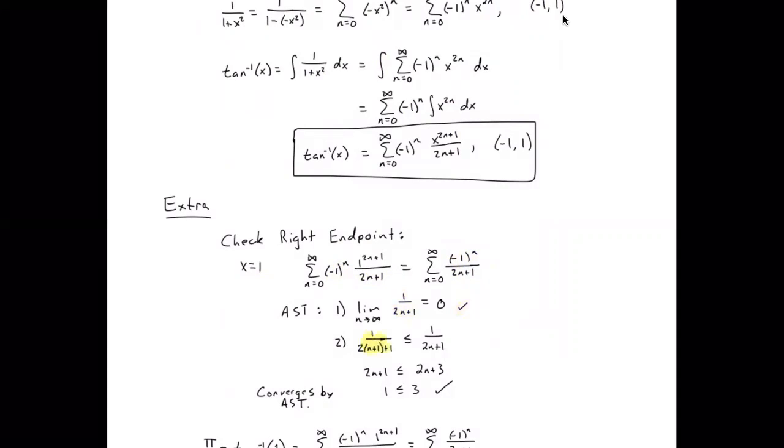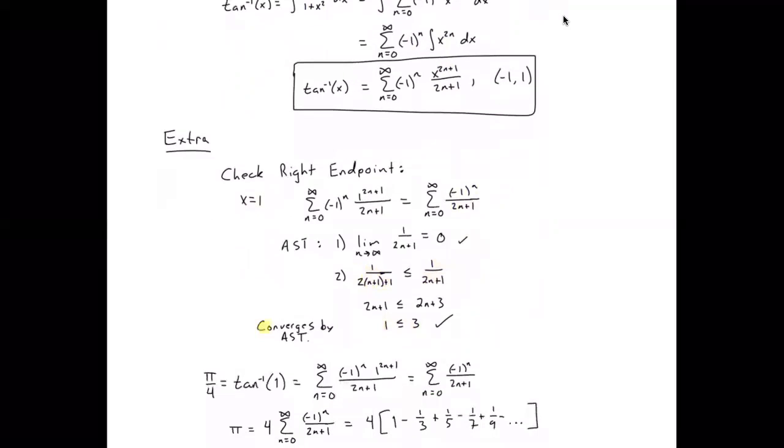The second is to confirm that it's decreasing. When we get to this identity, we realize that this is decreasing for any n values, really. So we're set there. And we can conclude that this series converges by the alternating series test, which means that our power series can include that right endpoint of 1.